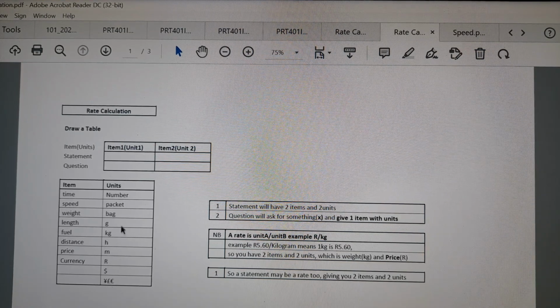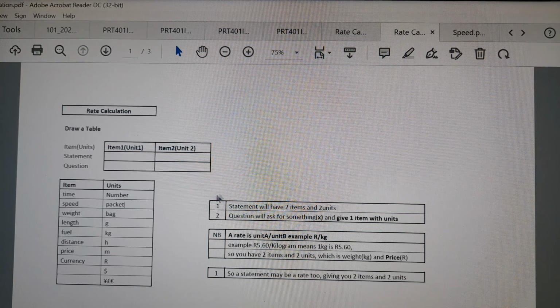Okay, so please take note. I'm not saying that the unit for time is number. You know that the unit for time is seconds. Okay, I'm just listing examples of units here. This is just an example of units, and this is an example of items.